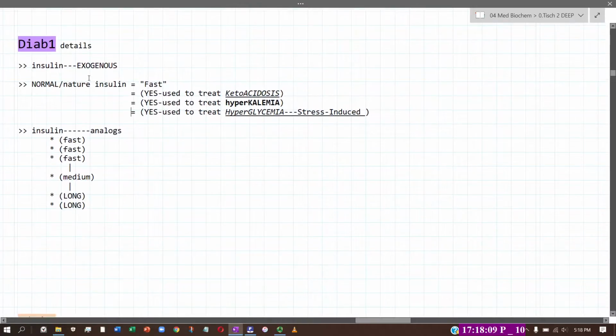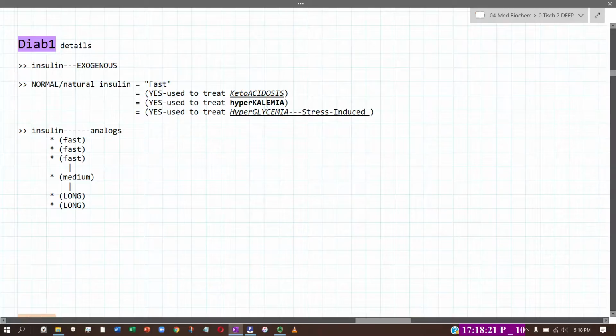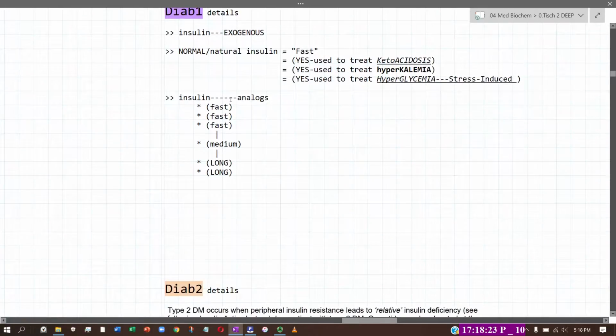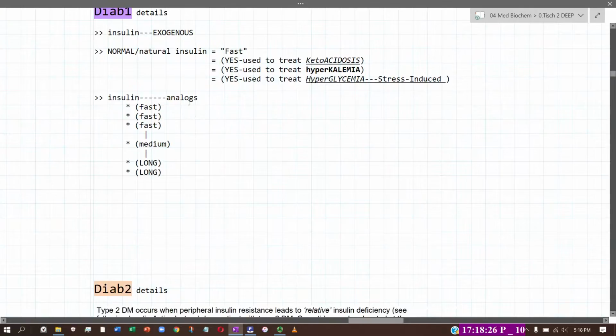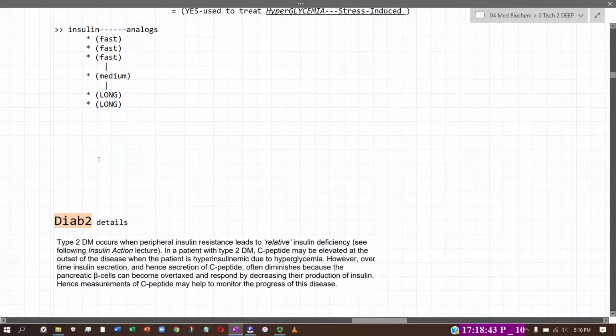So in this case, we're talking about natural insulin or normal insulin. It's classified as fast acting, and it's used to treat these three conditions. So there are insulin analogs which fall under one out of three categories. You can have fast, and then medium, or that's what I call it. They call it intermediate, and then long. I think of this as slow, long acting or slow acting.